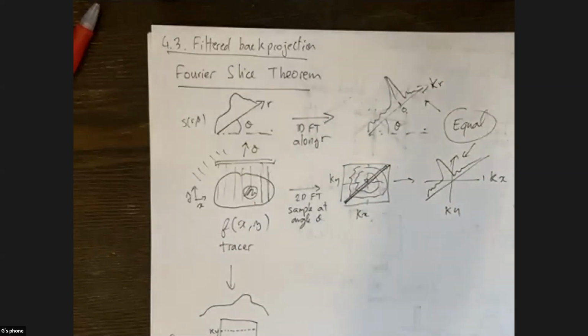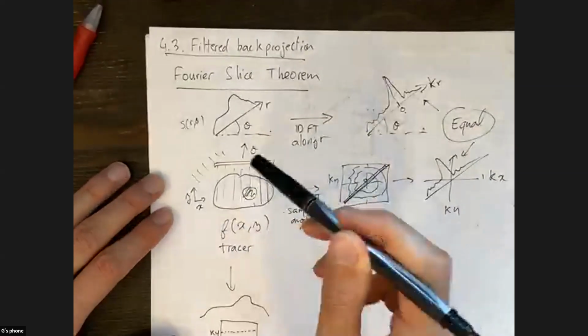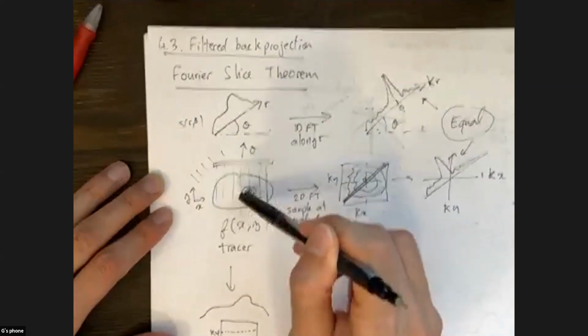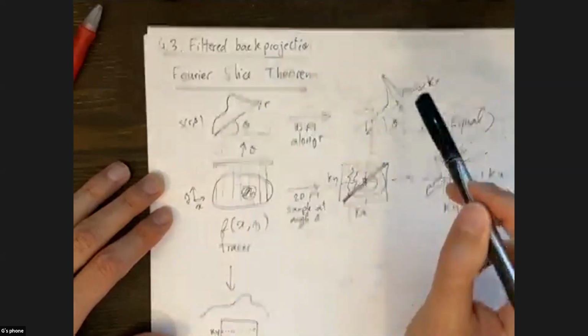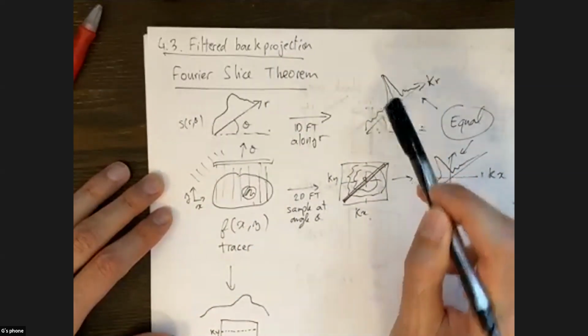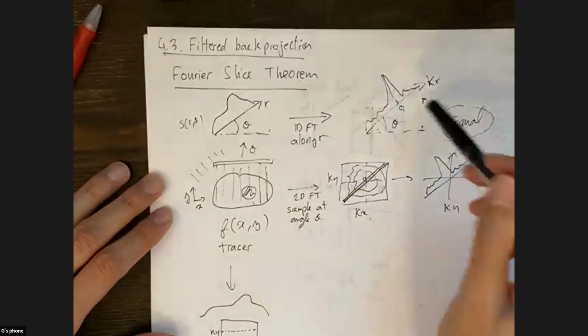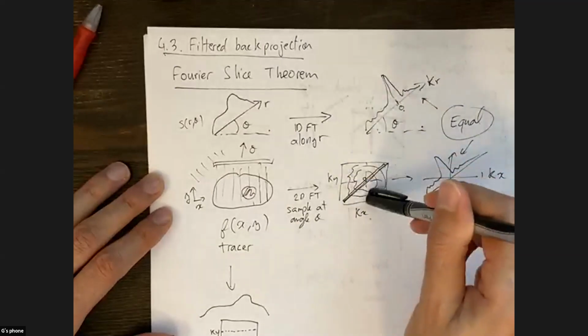It may seem obvious to some of you and it seems intuitive, but I guess it was an important discovery, because what it means is I can start from a tracer distribution, acquire a projection of it, take a Fourier transform of that projection, and then repeat that for multiple angles. And by doing so, I can sample the full spectrum of the tracer distribution.